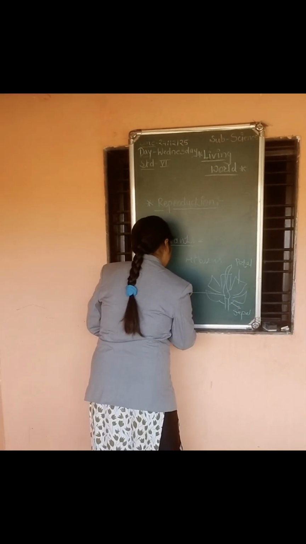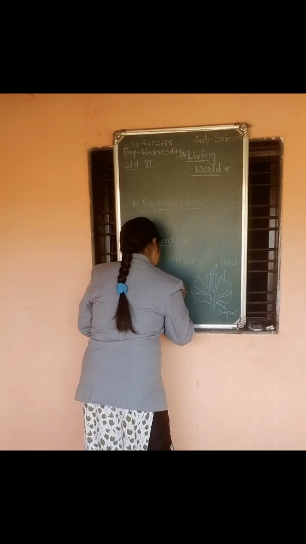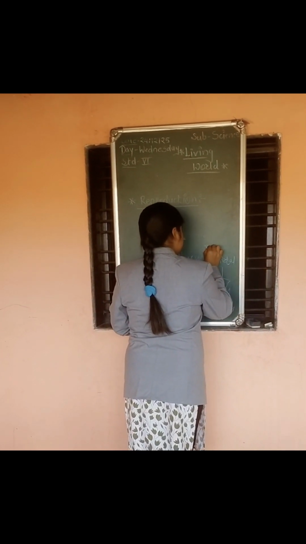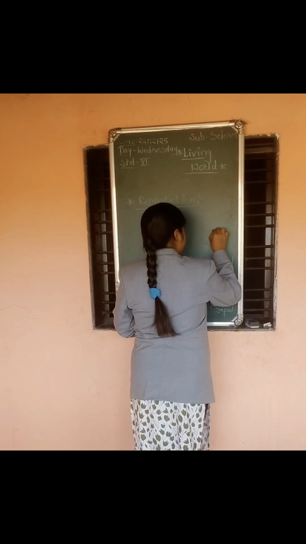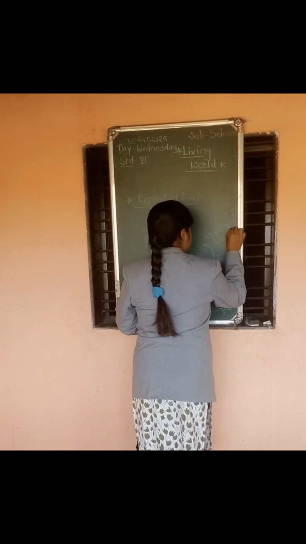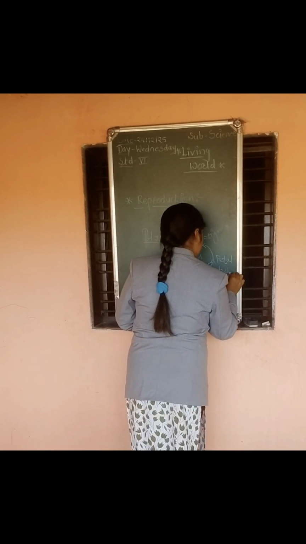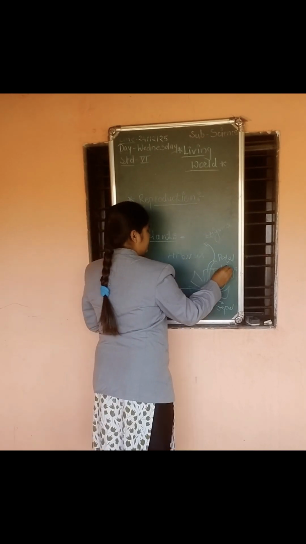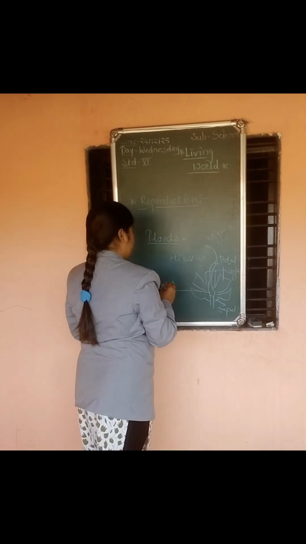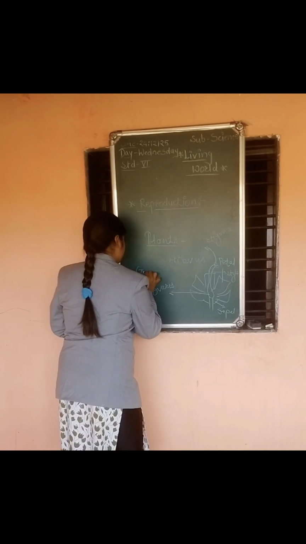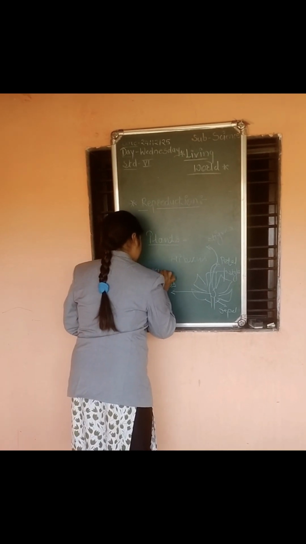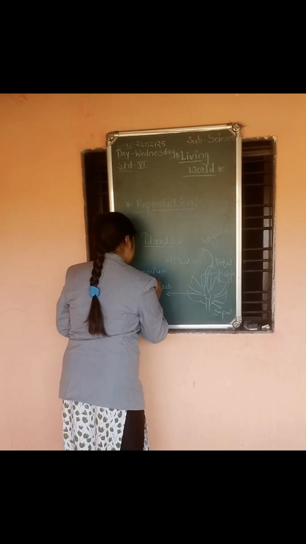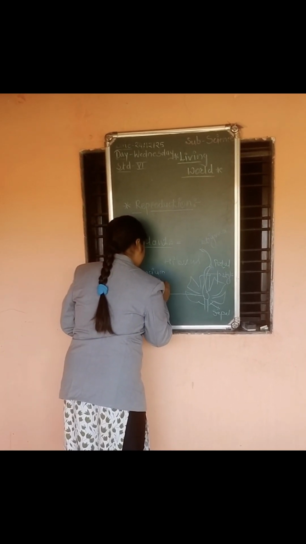Here it is an ovary, style, stigma and ovary. Okay, this is a stigma and this is a style. So the style, stigma and ovary form the gynoecium. It means the female reproductive system.